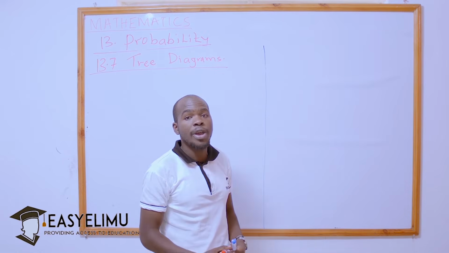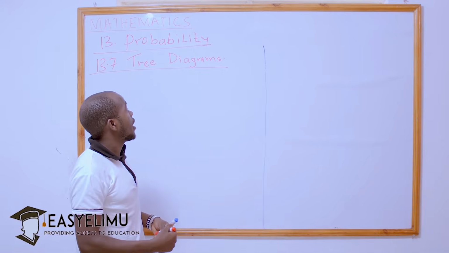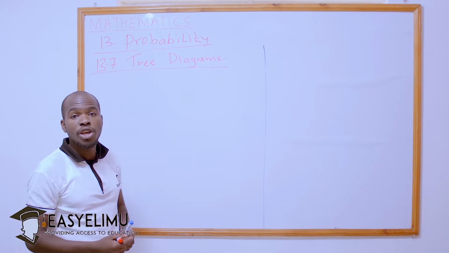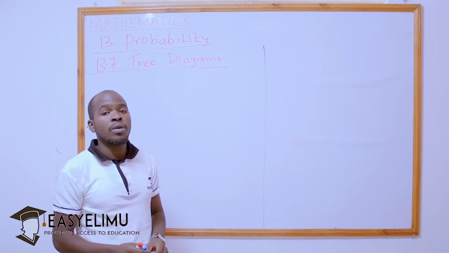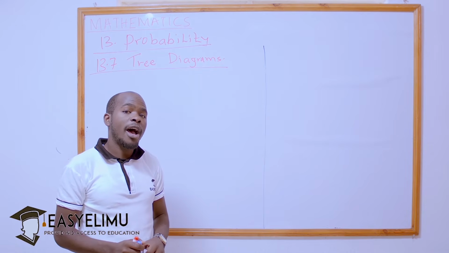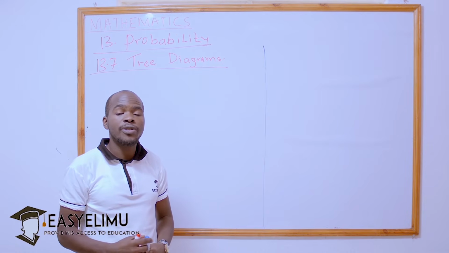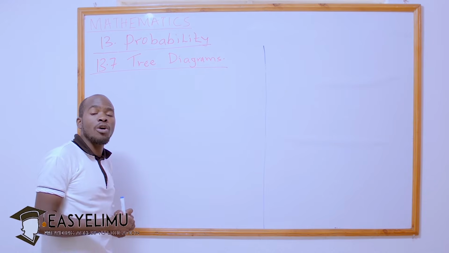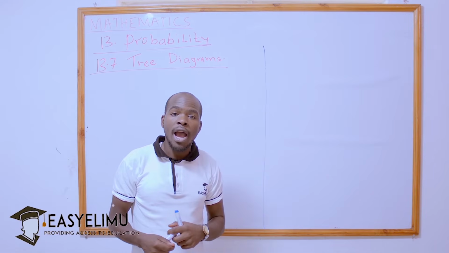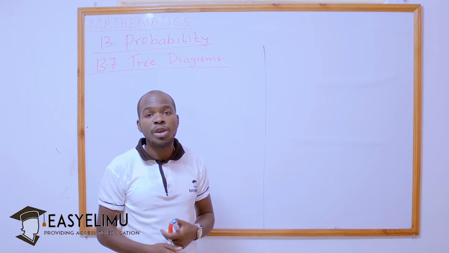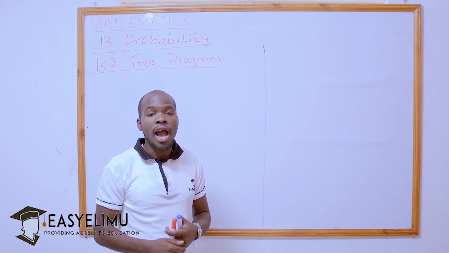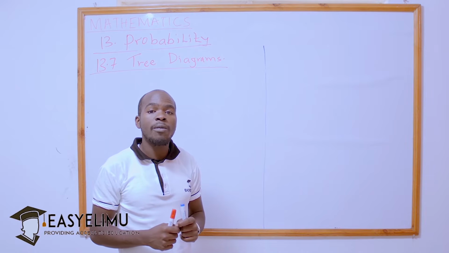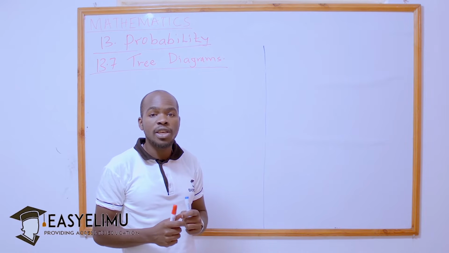It is used in enumerating both independent events and mutually exclusive events. So we may see an independent event and also a mutually exclusive event, and even the two can be put together using a tree diagram.